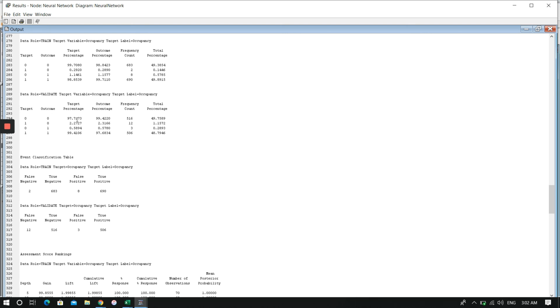You can see the percentage here, which is very high in predicting true positives and true negatives, and a very small amount of false negatives and false positives. So when a room is occupied, it predicts occupied most of the time, and the same with unoccupied, with very few type 1 and type 2 errors.